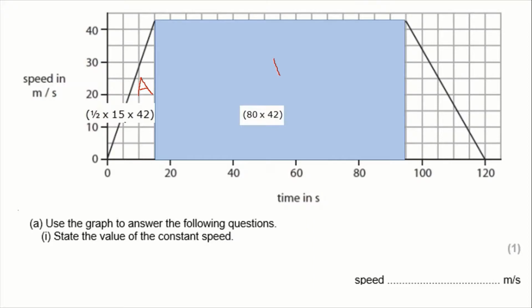Let me divide the area into 3 sections, A, B, and C. As you can see, there are 2 triangles, A and C, and a rectangle, which is B. We'll take these shapes separately and calculate the area of each shape, and then we'll add them up together. Right, when you take the first figure, the height is 42, which we have already found.